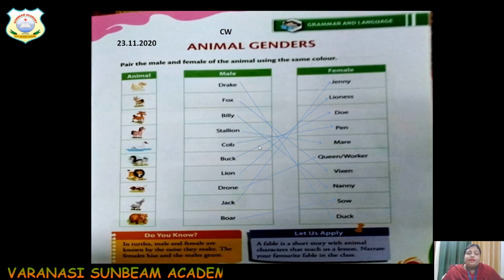Cob, pen. Buck. Buck will match with doe. Lion, lioness.